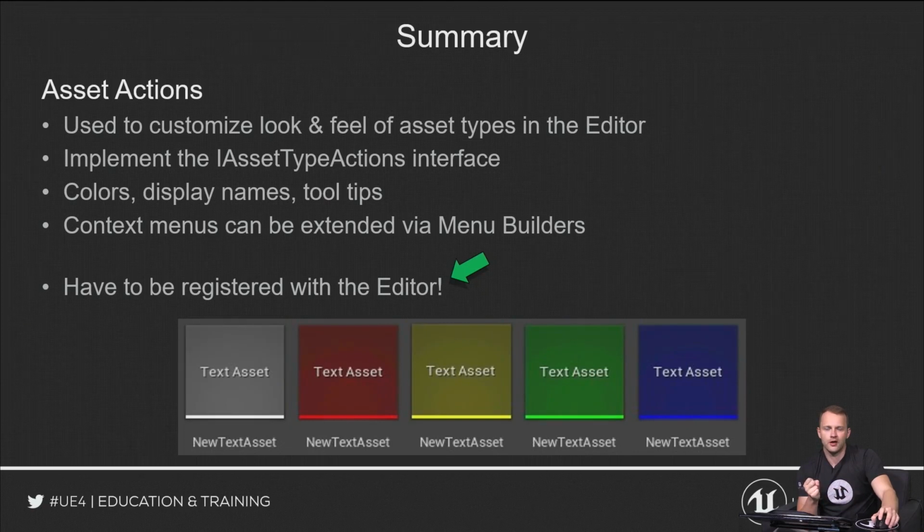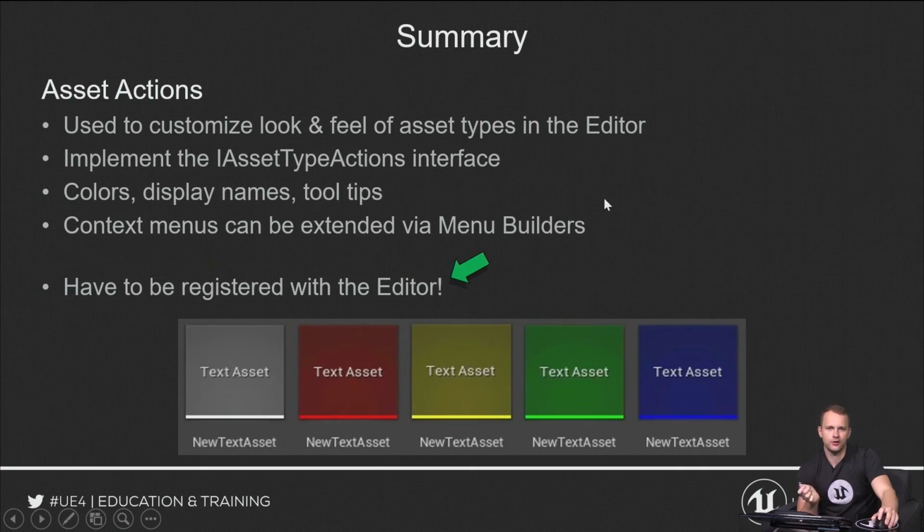And then the context menus themselves are extended via helper classes that are called menu builders. Now, if you remember from the previous video where we talked about asset factories and how those factories registered themselves automatically, that's actually not the case with asset type actions.